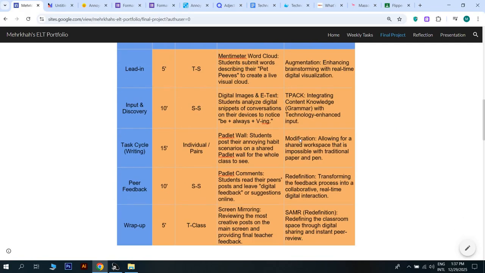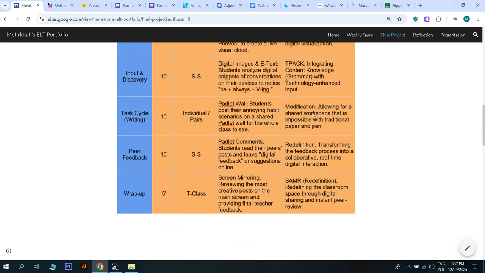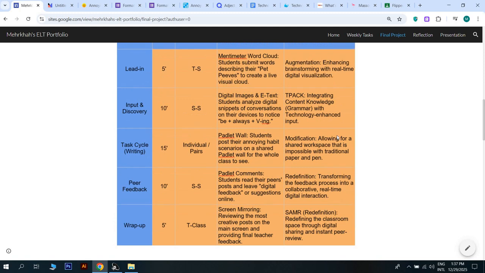And I've got to confess that again here, with SAMR levels, I asked for help from AI, and they said that this is redefinition. I'm not quite sure, because I doubt whether the things that we did on Padlet cannot be done in physical on-site classrooms, and whether it's a whole new task that would not be possible without technology.